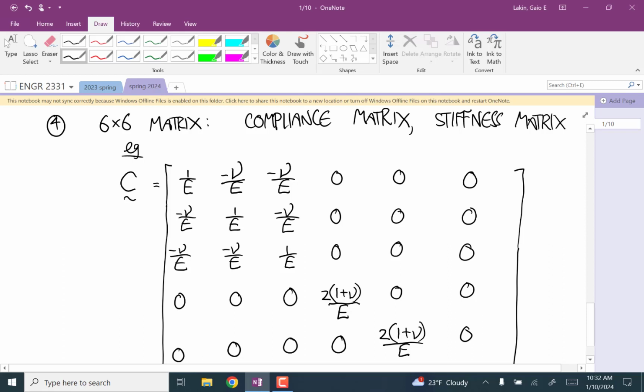Okay, and that compliance matrix, so what you do is you take a material, say you're working with, you want to do calculations related to steel or copper or whatever. You take a strip of that material, you put it in a testing machine, you apply giant forces to it to stretch it a little bit, you measure what those forces are, you measure how much it stretches, and through a fairly simple method that we'll talk about in not too long, you can calculate the Young's modulus and the Poisson's ratio.